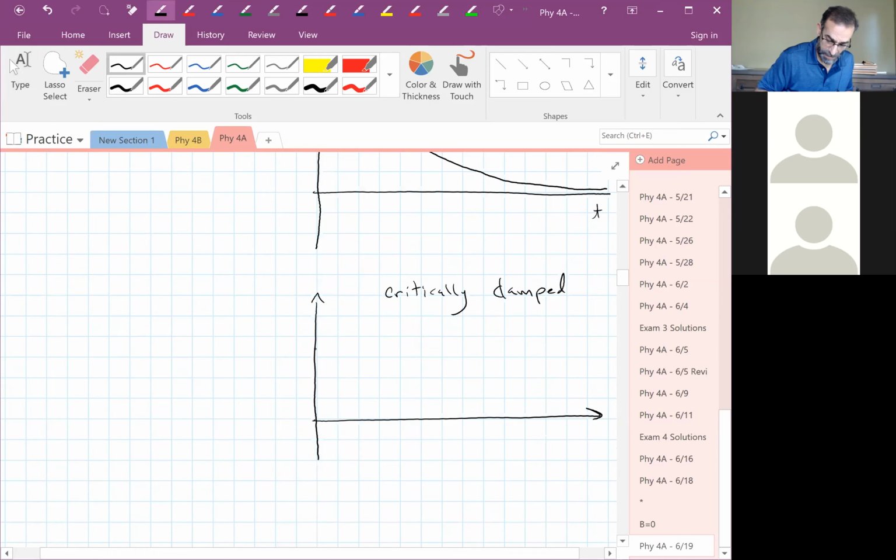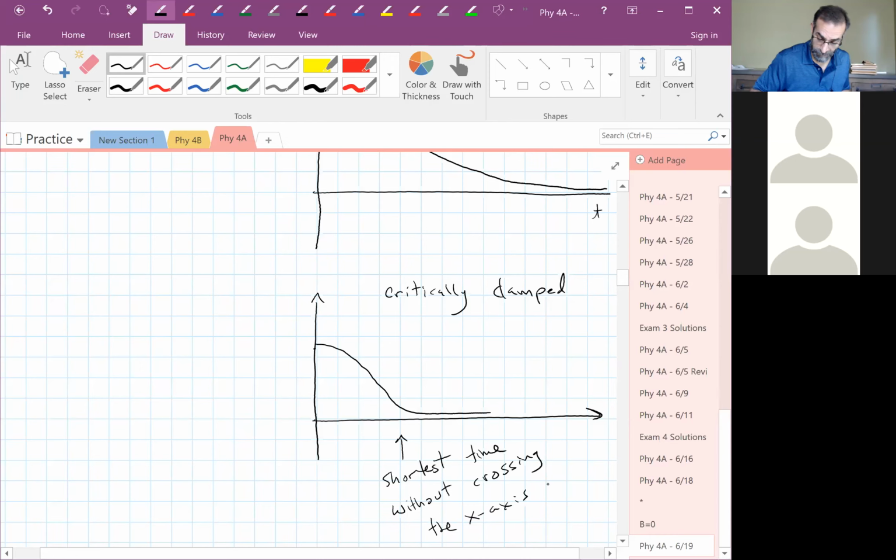So it starts and it goes as quickly as possible without passing through equilibrium. Shortest time without crossing the axis.